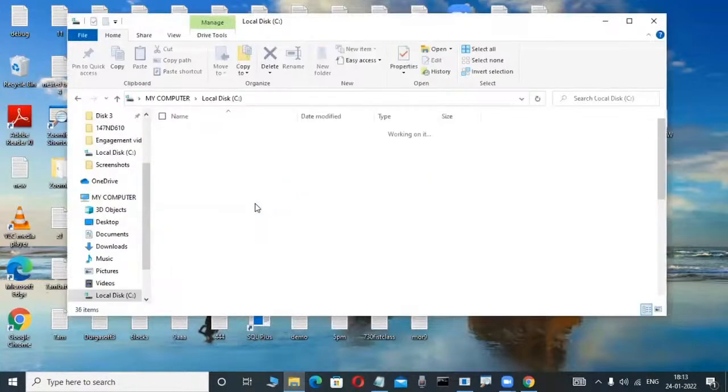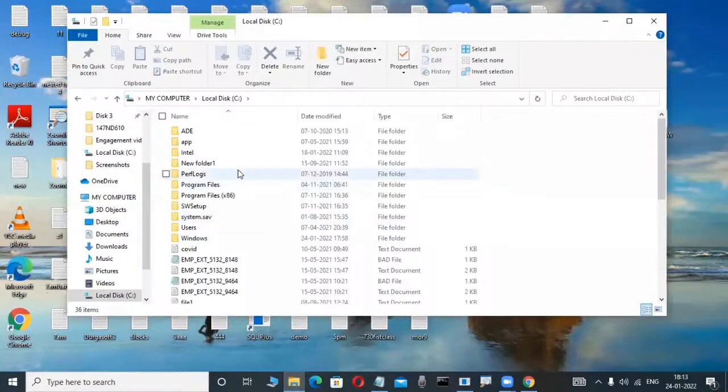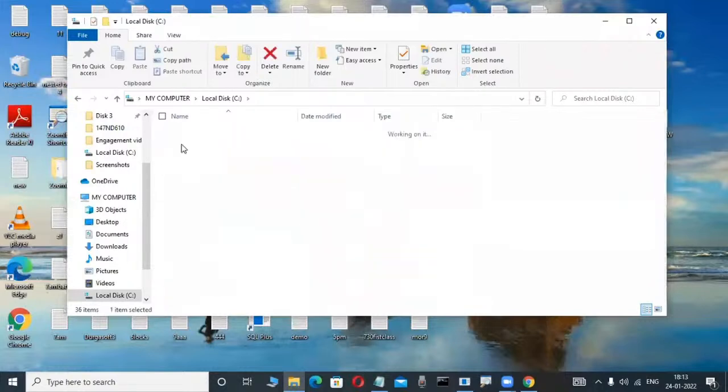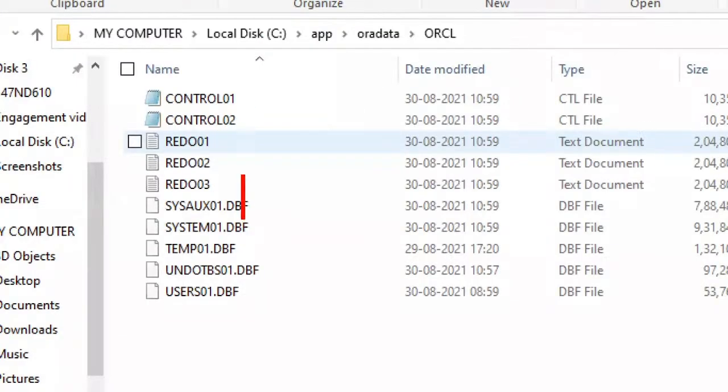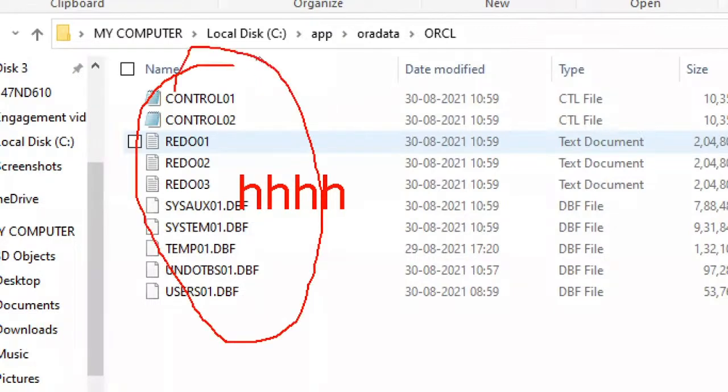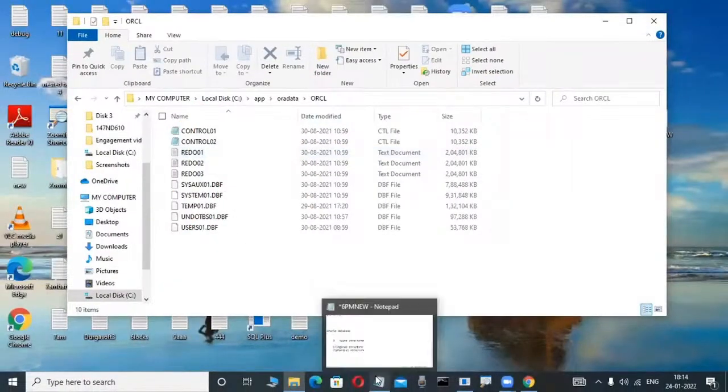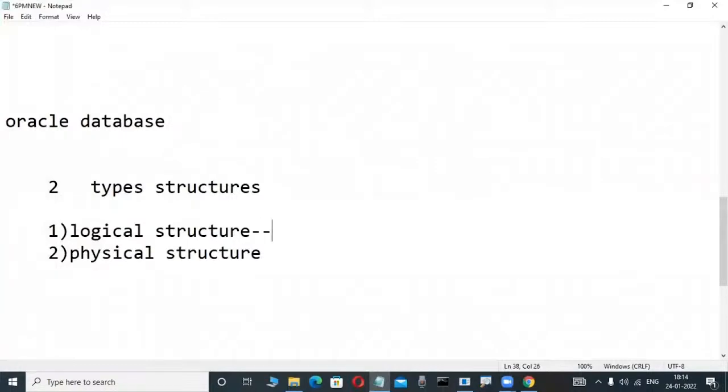How you install Oracle, we will learn in the next classes, don't worry. Whatever table I'm creating, it is not available in the C drive or D drive, it is not visible. That's why a logical structure means a structure which is not visible in the operating system.